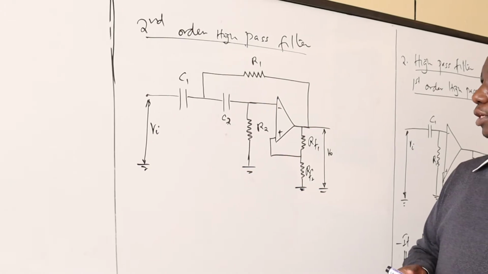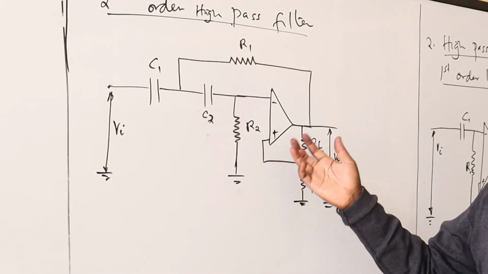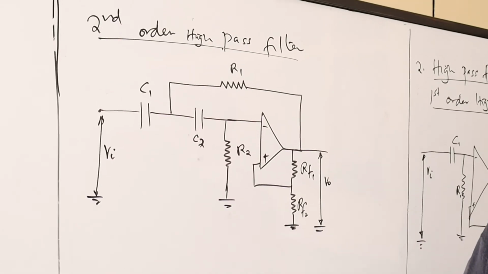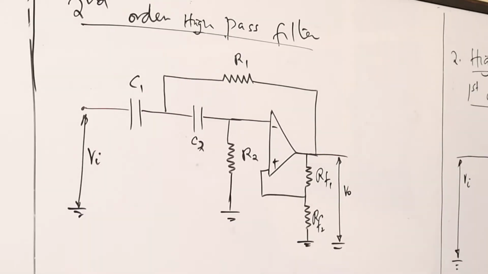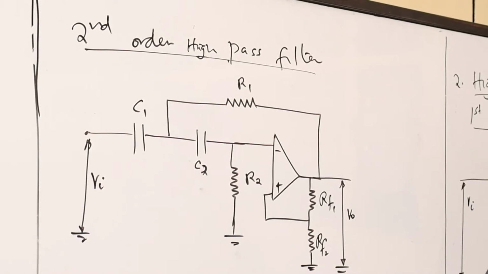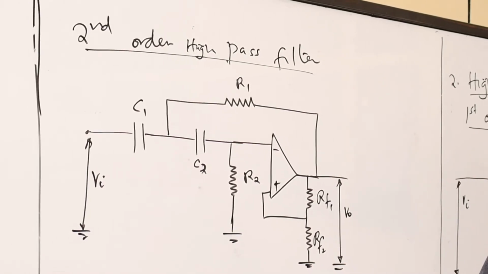The arrangement is only the reverse of the low pass filter, and therefore the factors determining the second order high pass frequency are the same.